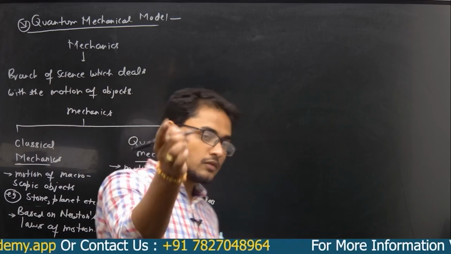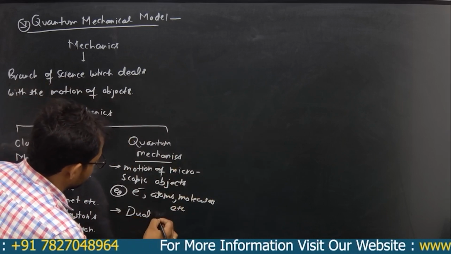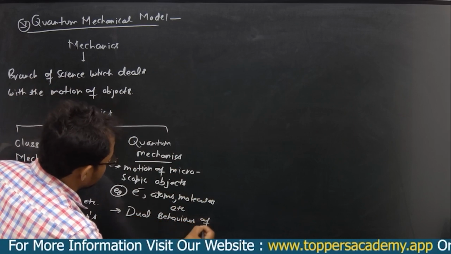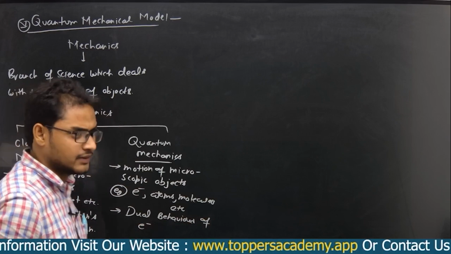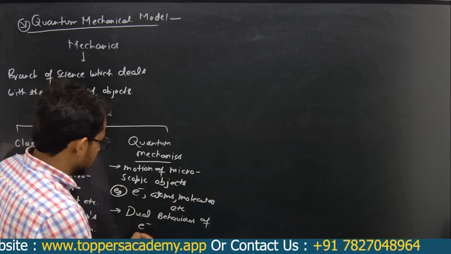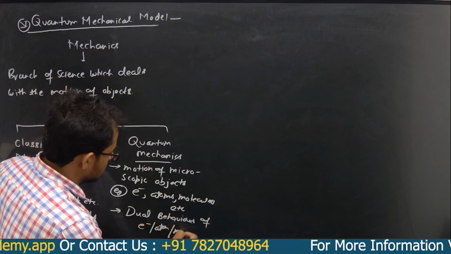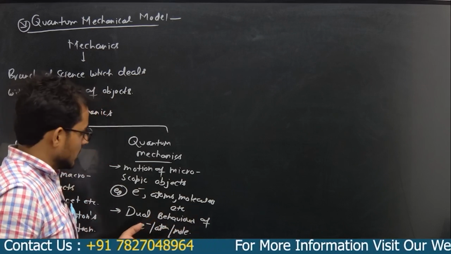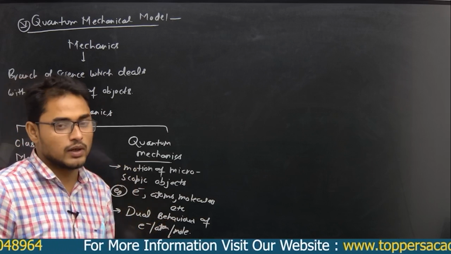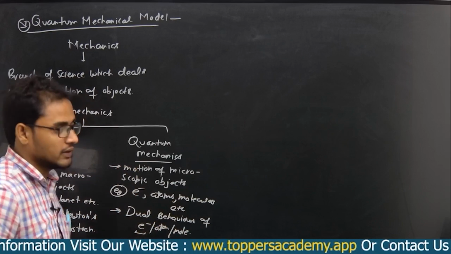It is based on the dual behavior of matter, for which you are applying quantum mechanics: electron, atom, or molecules, right? It will consider that the particle will have two types of behavior. Suppose you want to calculate the motion of an electron in an atom.